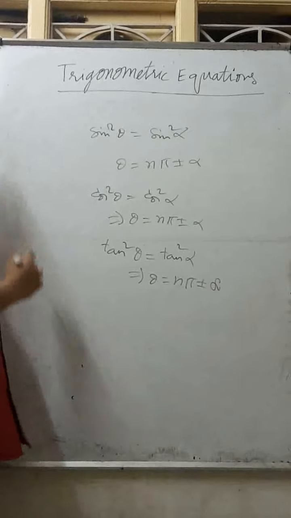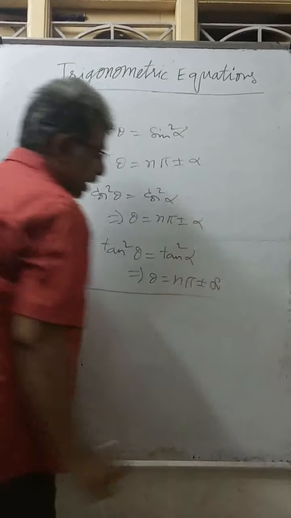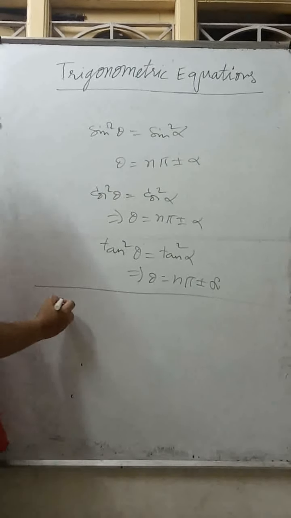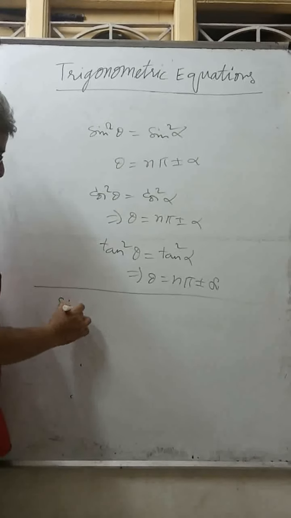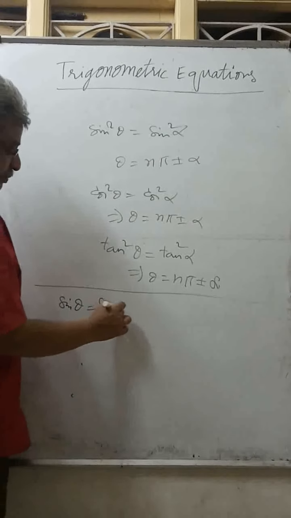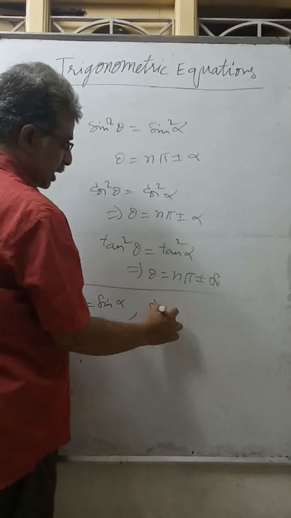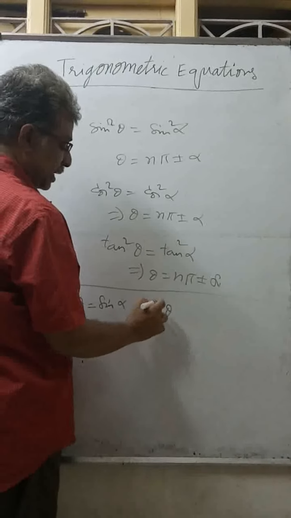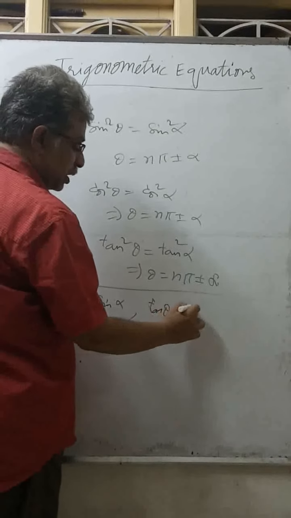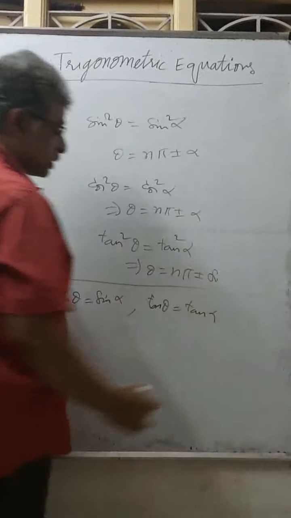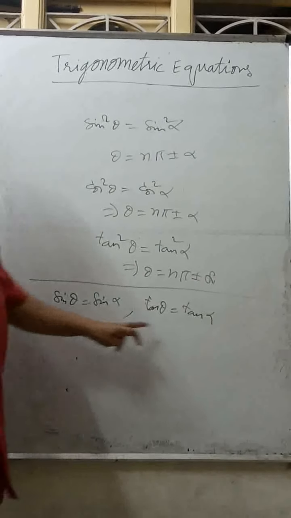If it is a combination of two ratios, for example sin theta equal to sin alpha and cos theta equal to cos alpha, or tan theta equal to tan alpha, where there are two conditions, first find the combined principal value of both.